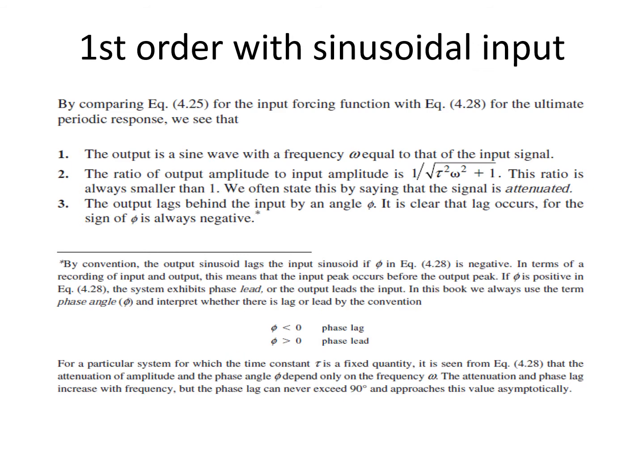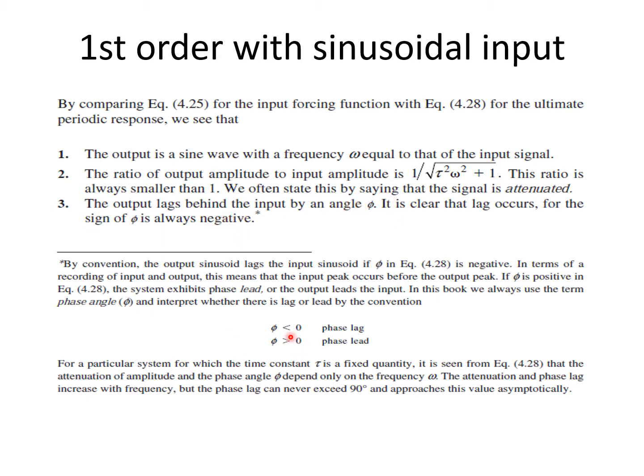Same thing. Also, basically, the output is a sine wave with frequency omega equal to that of the input signal, and the ratio of the output amplitude to input amplitude is this one. This is the AR, amplitude ratio, we called just now. It is smaller than 1 because the signal is attenuated, which is normal for a first order system, and the output lags behind the input by the angle phi, which is negative, which means it's lagging.